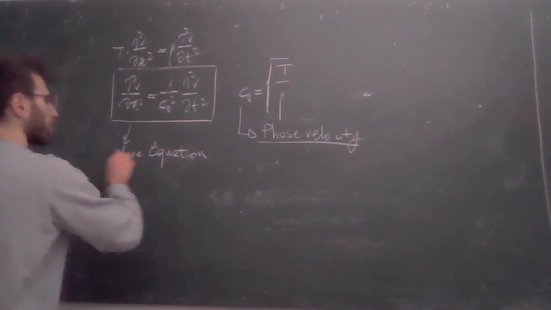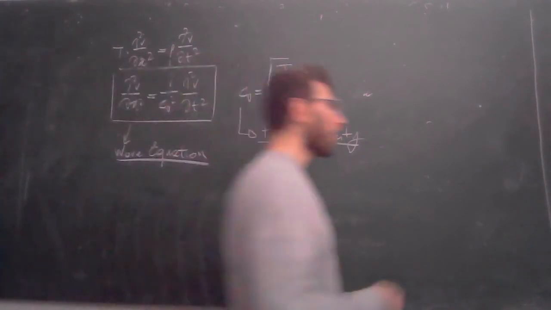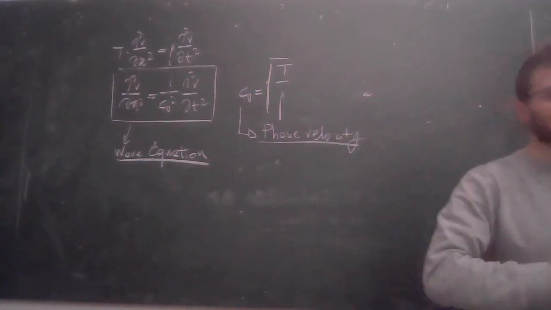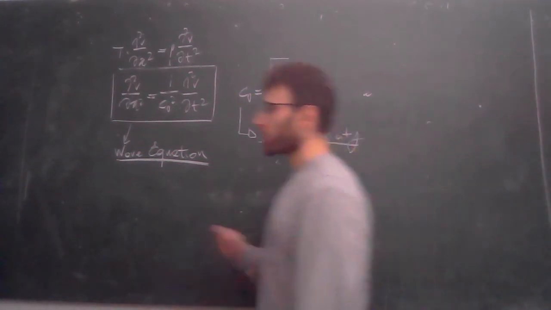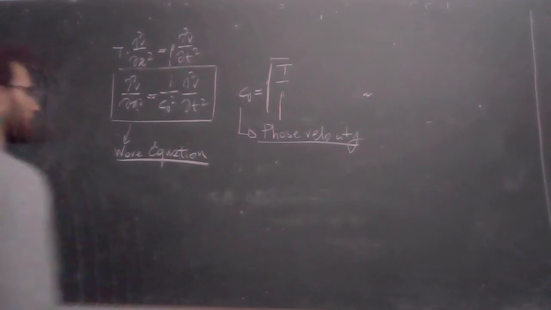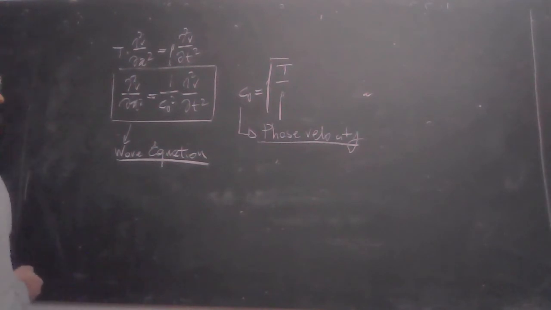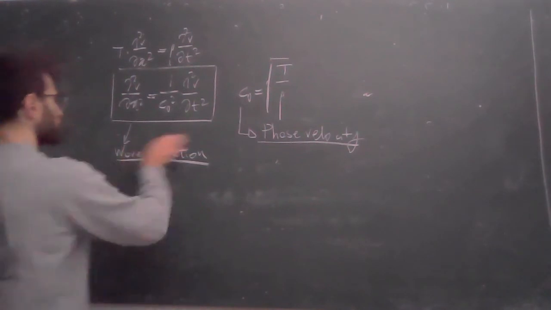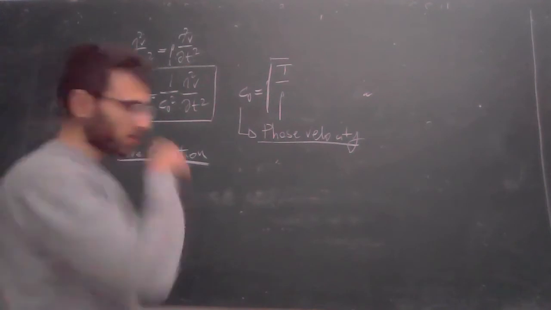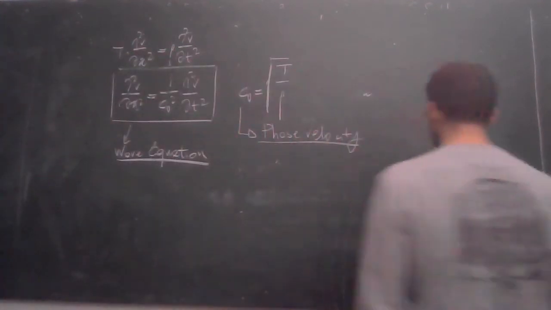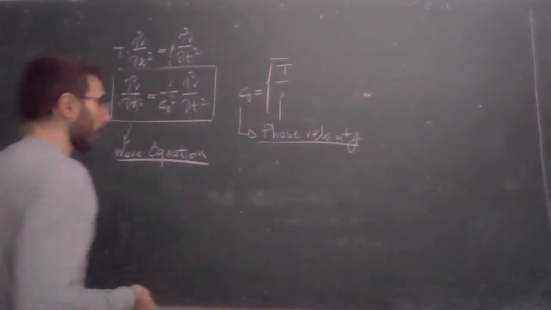Because this equation represents the simplest wave propagation phenomenon. You have to keep in mind this equation. So we apply the concept of wave equation to the string, but it's valid for other structural elements.